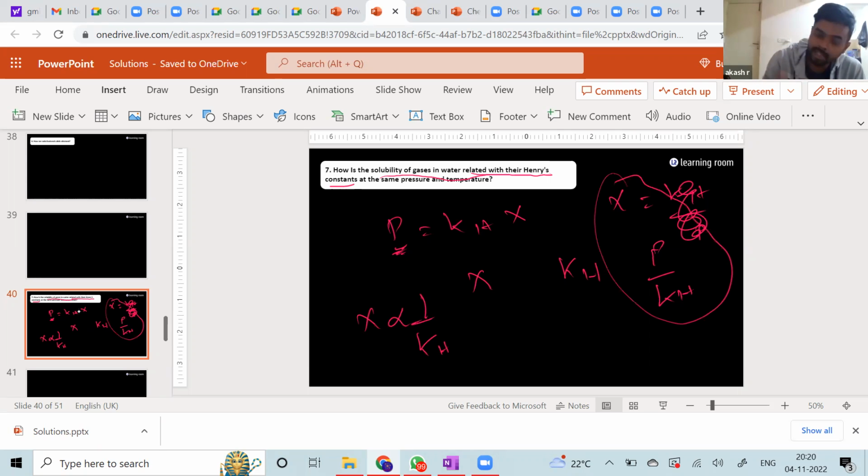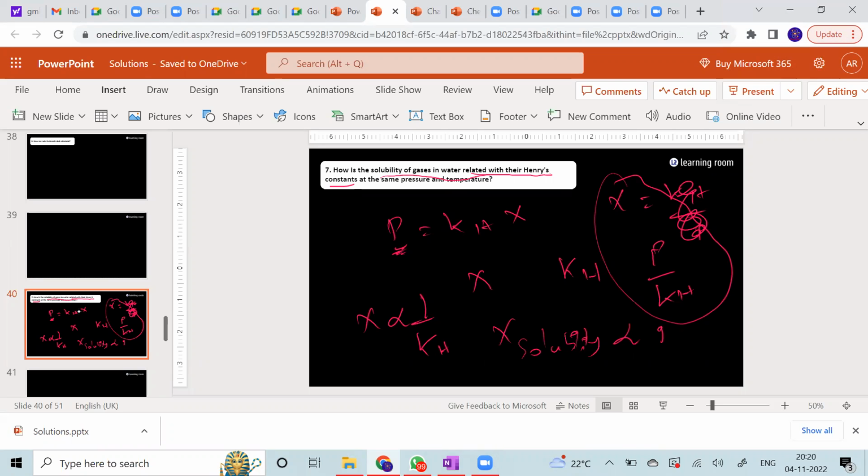Another thing you understand is X is nothing but your solubility. And we know if I increase the temperature, what happens to the solubility of a gas in water? Decrease, sir. Exactly, they escape out. The gases will try to escape out, so their solubility decreases.